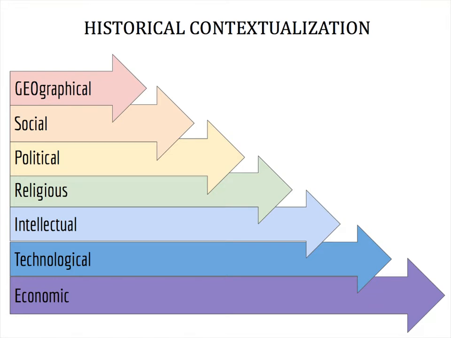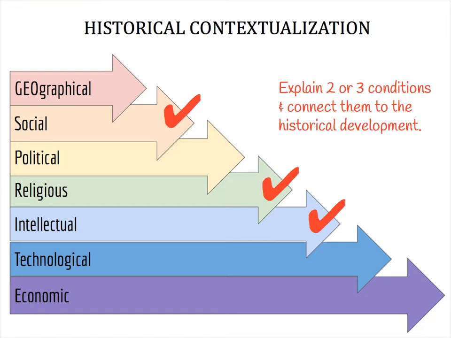In other words, ask yourself, are geographical conditions important to discuss for this prompt? If so, what geographical conditions existed at this time? What about social conditions, political ones, and so on?